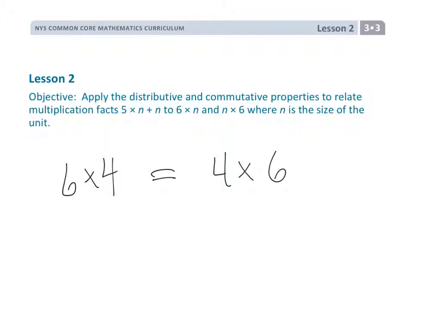Now, what we're going to do is we're going to break 6 times 4 into two different things. And this is the distributive. Distribute means to pass out. You may want to write this in your notebook. Distribute, pass out.